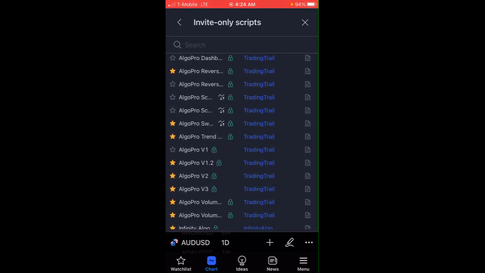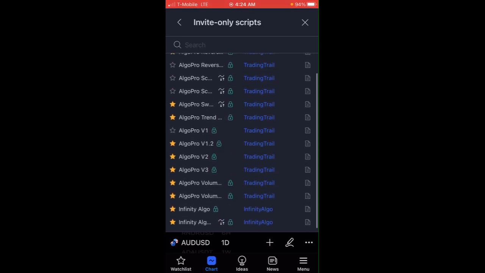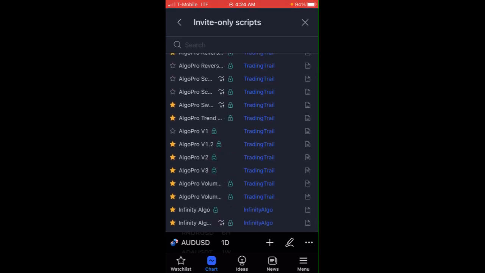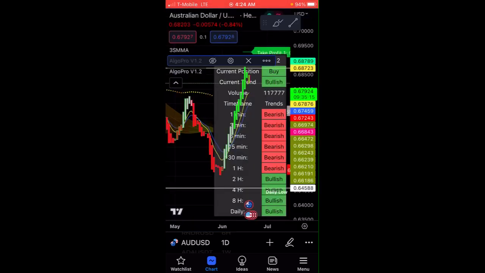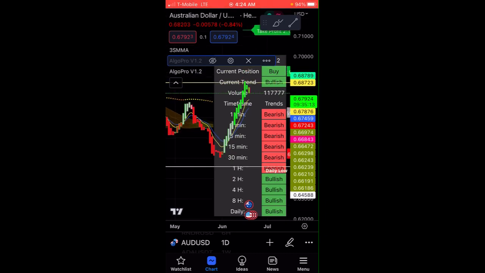You get the AlgoPro dashboard, the AlgoPro reverse, and a whole bunch of them, scalpers, AlgoPro version 1.0, which is the one I use, version 2, version 3, volume, whole bunch of stuff. So this is why I like this indicator so much, because of the data that it gives you. But what I use the most is the AlgoPro version 1.2, and I'm just going to go over why I like this one the most.